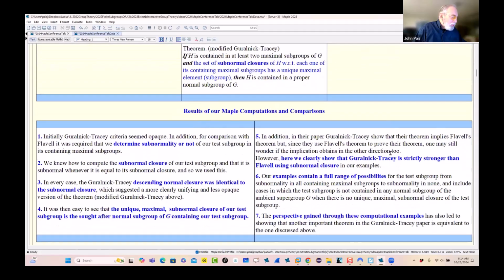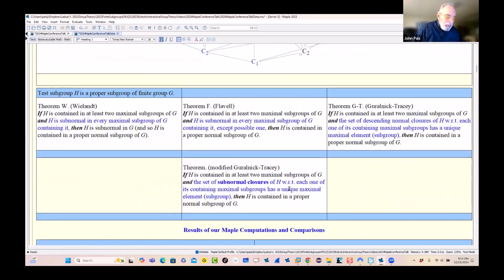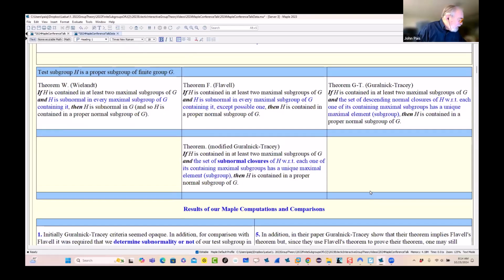So we have that nice modification that makes everything clearer. We also showed Guralnick-Tracey is strictly stronger than Flavell, and this also led to us showing that one of the other theorems in Guralnick-Tracey's paper was actually equivalent to their theorem here. Okay, so hopefully I'm within the time limit, and so I can end there.